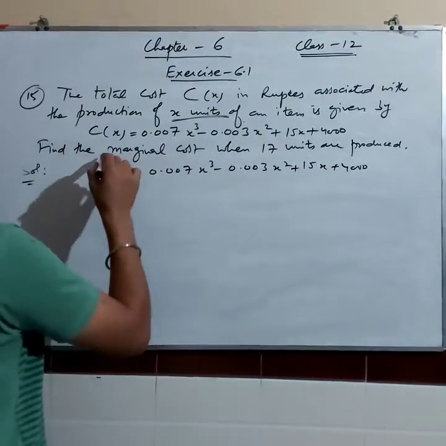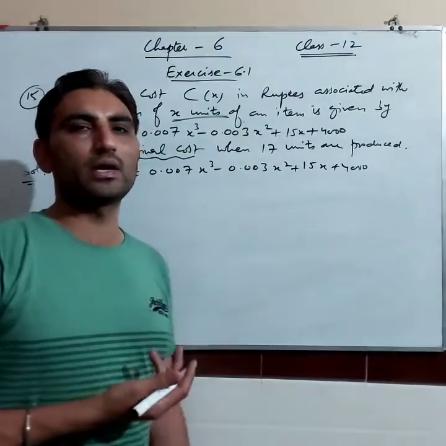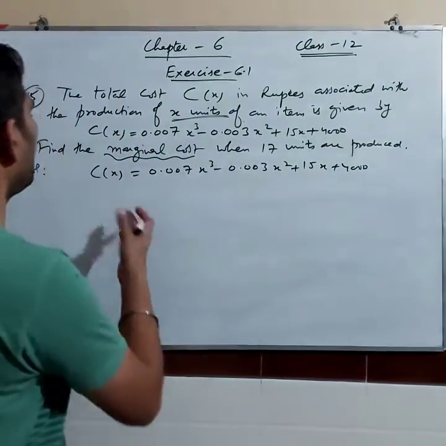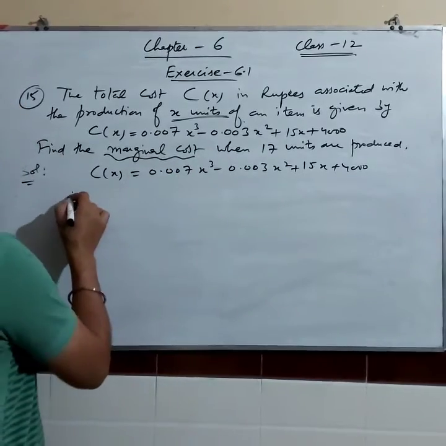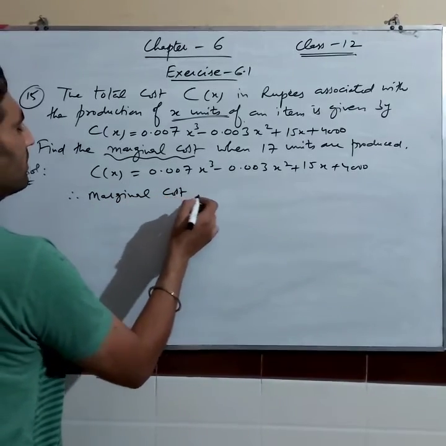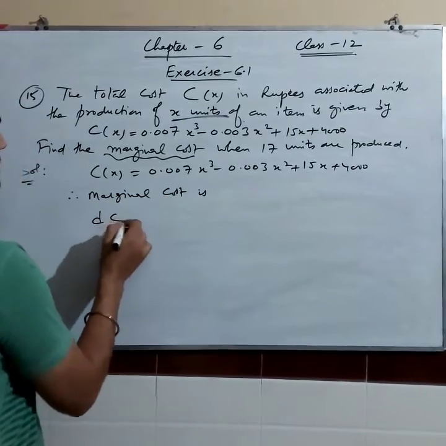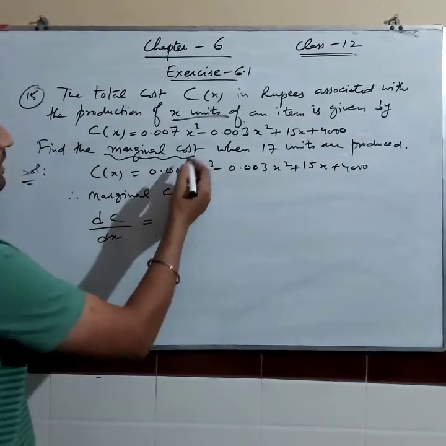Students, remember here marginal cost is actually the derivative of this C(x) with respect to x. So what is our marginal cost? Marginal cost is dC over dx, the derivative.